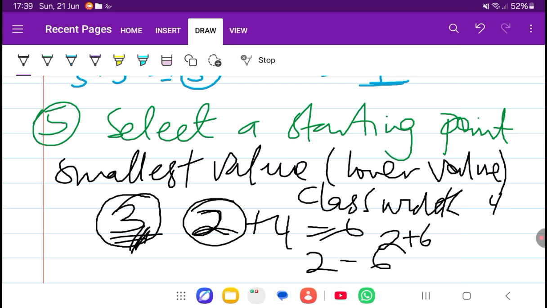So it depends on what you have selected and the class that you want to formulate.